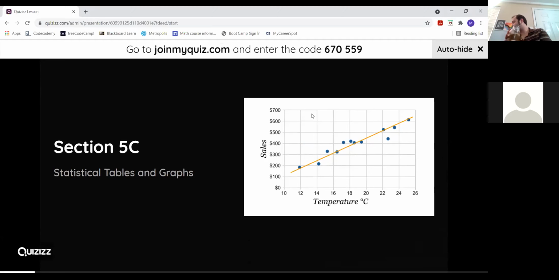And then today we're going to do frequency tables and histograms, a few different graphs and tables. I think we already talked about frequency. Did we talk about frequency and relative frequency? I don't remember. I think we did when we did probability, right? That's pretty much the same thing as relative frequency. So we're going to talk about frequency and relative frequency in this section.